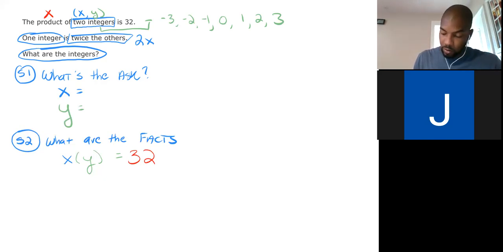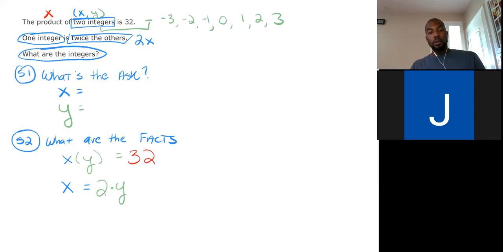I don't know this, I'm just assuming, just for the sake of solving the problem, that one of them, and I'm going to choose x, is 2 times or twice whatever the other one is. So if y is 1, x is 2 times 1. If y is 3, x is 2 times 3. It's always twice the other one. So now I have enough to figure out my problem.